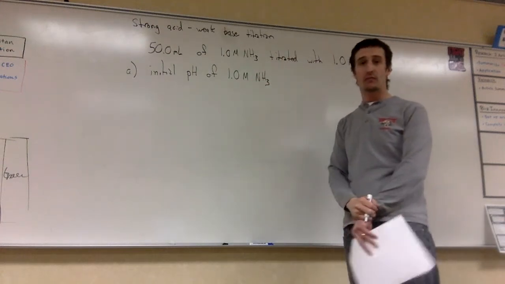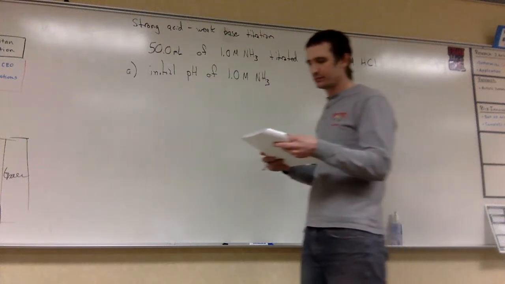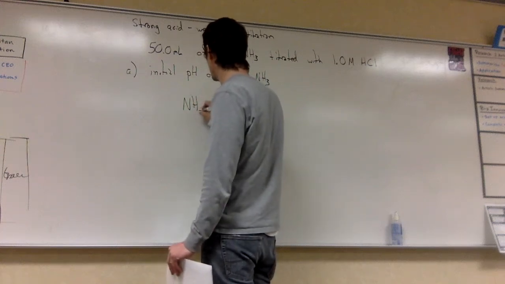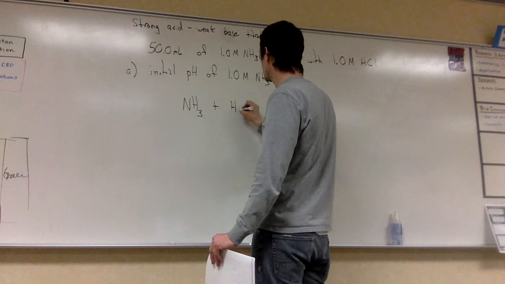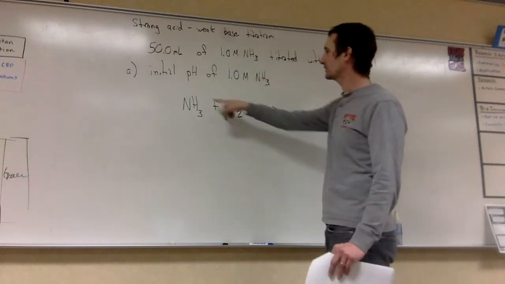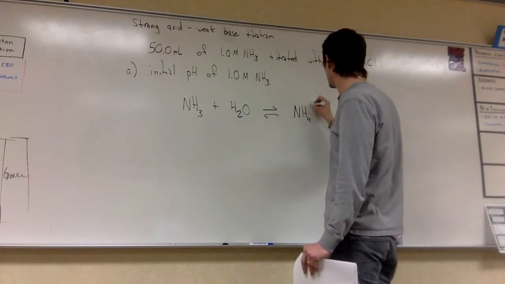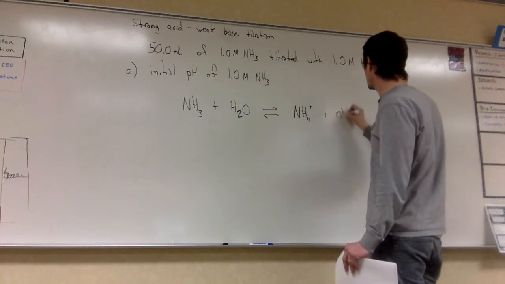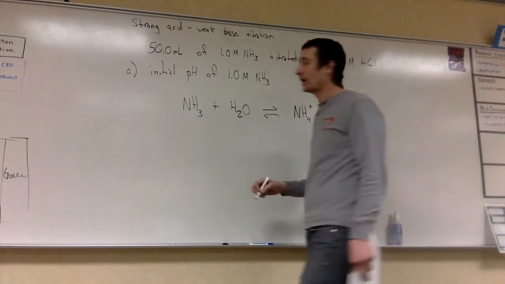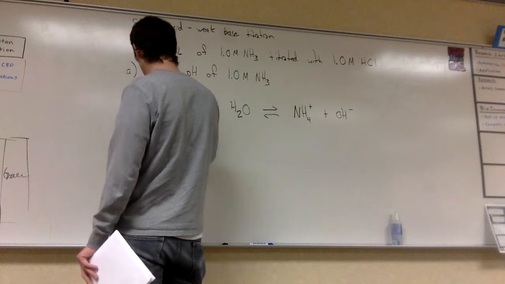NH3 is a weak base, so I can write out the base ionization process. This weak base, NH3, will react with water to produce NH4 and hydroxide, since bases accept hydrogen. This is essentially an equilibrium problem, so a RICE table is appropriate.